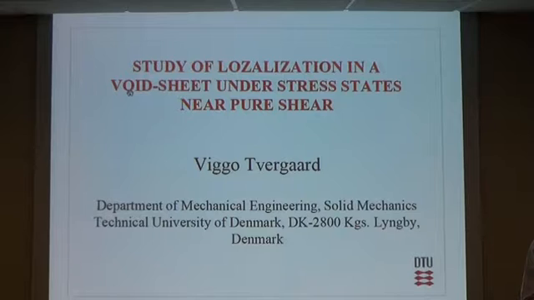The study is made so that the material outside is, for example, exactly in pure shear. That means there's a compressive true stress equal to the tensile true stress out there. Then on the boundary here, the compatibility with that strain state and stress state is prescribed exactly.